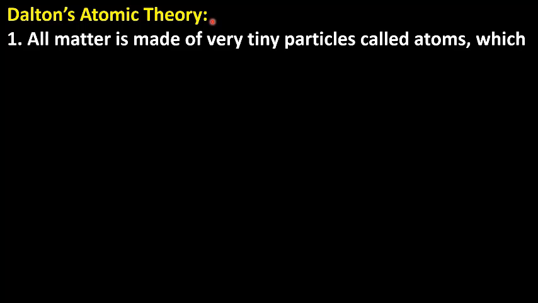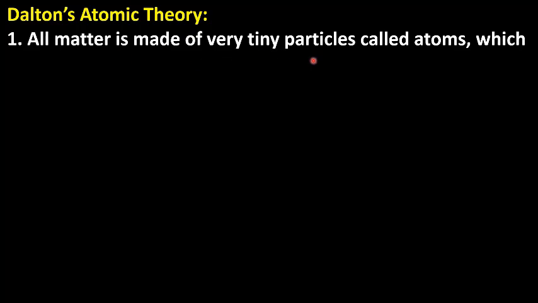Now let us see Dalton's atomic theory. By observing all the laws proposed by different scientists and of course by him, that is the law of conservation of mass, law of definite proportions, and law of multiple proportions, Dalton proposed certain points which constitute his atomic theory.